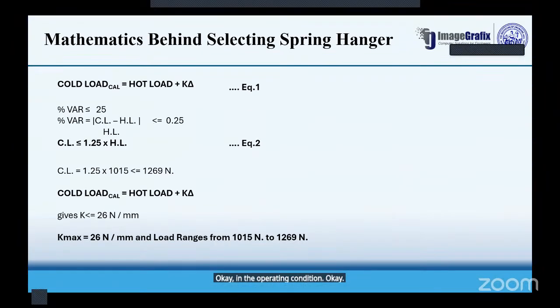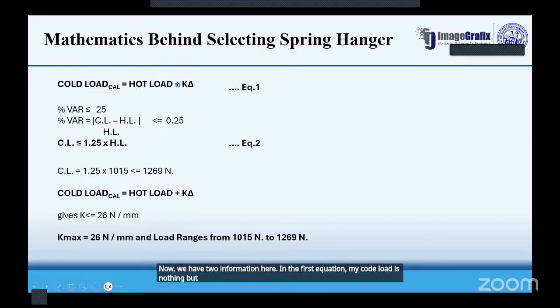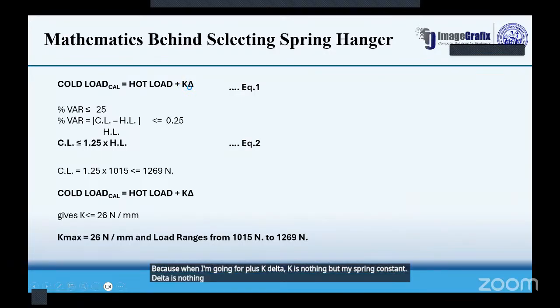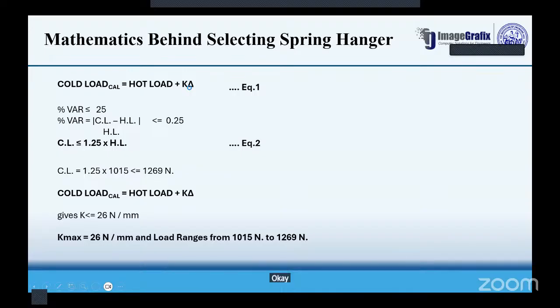Now we have two equations here. In the first equation, my cold load is equal to my hot load plus K delta. Why plus K delta? K is my spring constant, delta is my movement, because the pipe is moving in the upward direction.